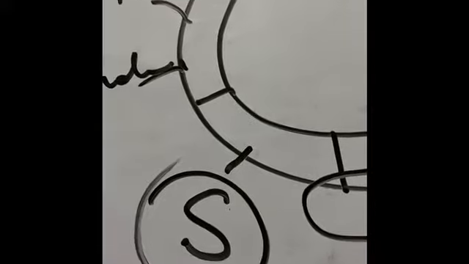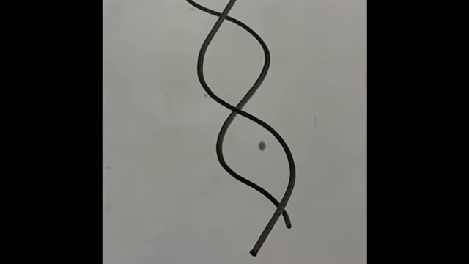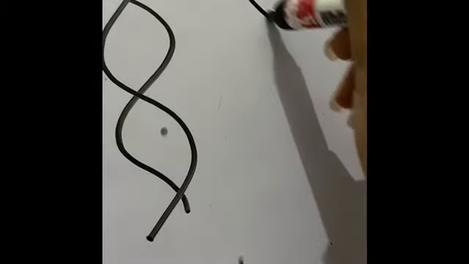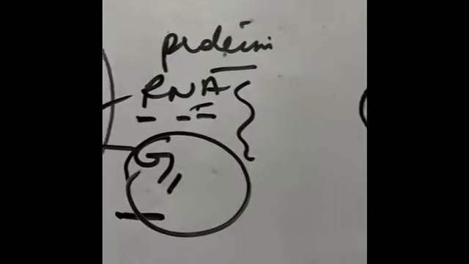We said that this DNA gets doubled up. So what happens? We said DNA has this double helical structure. So the DNA starts unzipping itself. It gets opened up, and we said RNA is being formed. Now RNA is single stranded, right?